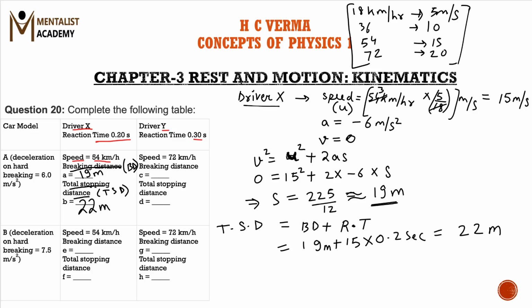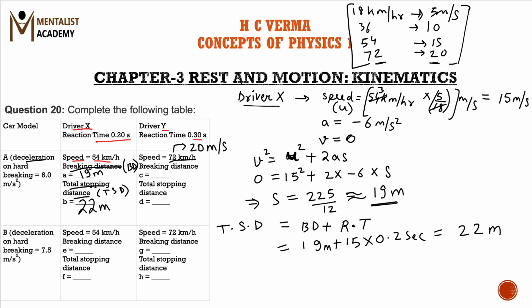Now for driver Y, the speed is 72 km per hour and I have already written the value, that is 20 meter per second. The deceleration is the same for driver Y also, so there is no change in that data.